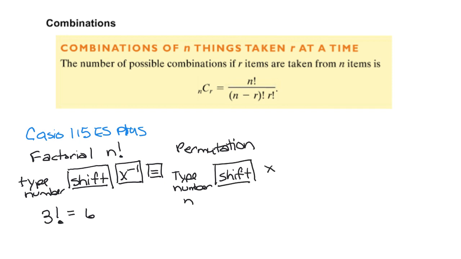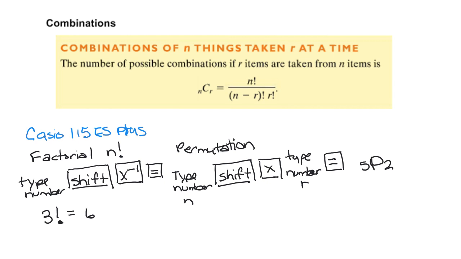Then you press the multiplication button, type in your next number, and this number represents the r, and you press equal. So on your home screen, it should look something like 5p2, and then you can calculate that.